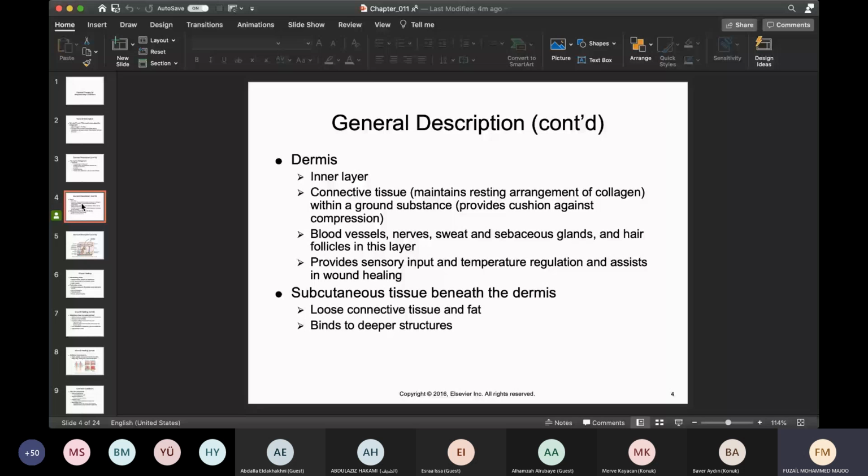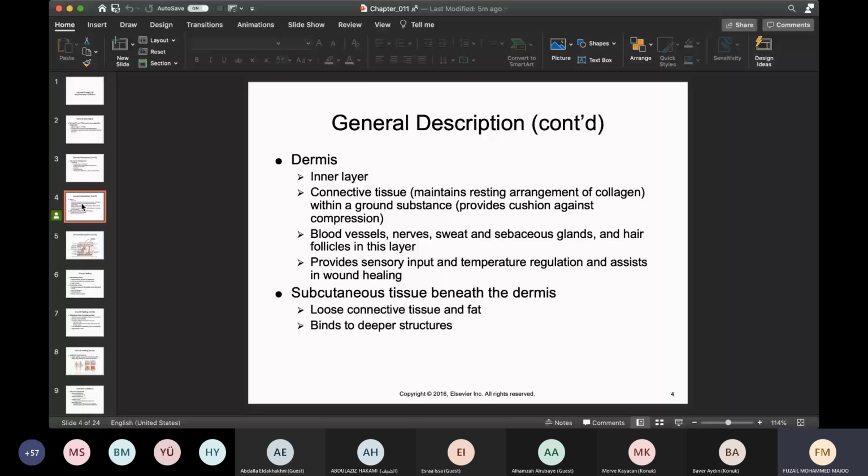Now, the subcutaneous tissue beneath the dermis, this is just your fat layer. Depending on the area of the body you're looking at, there's going to be different amounts over there. Some areas there'll be more, other areas there'll be less. And the dermis is there to bind to the deeper structures of the body.